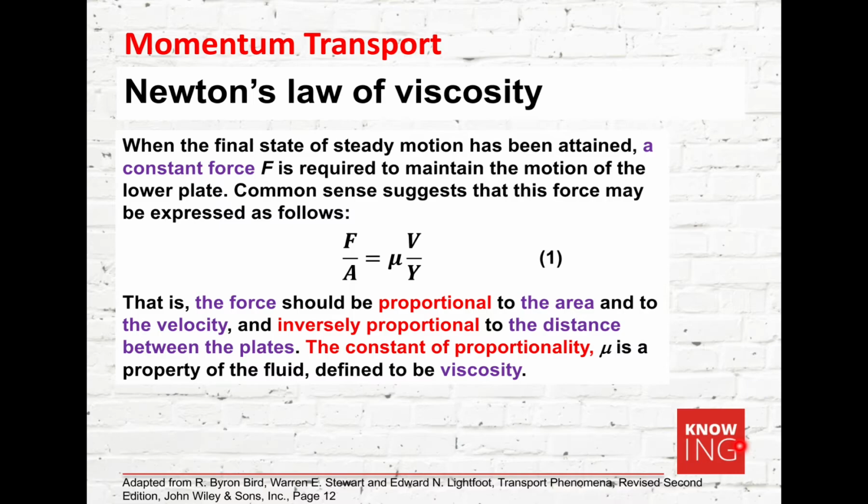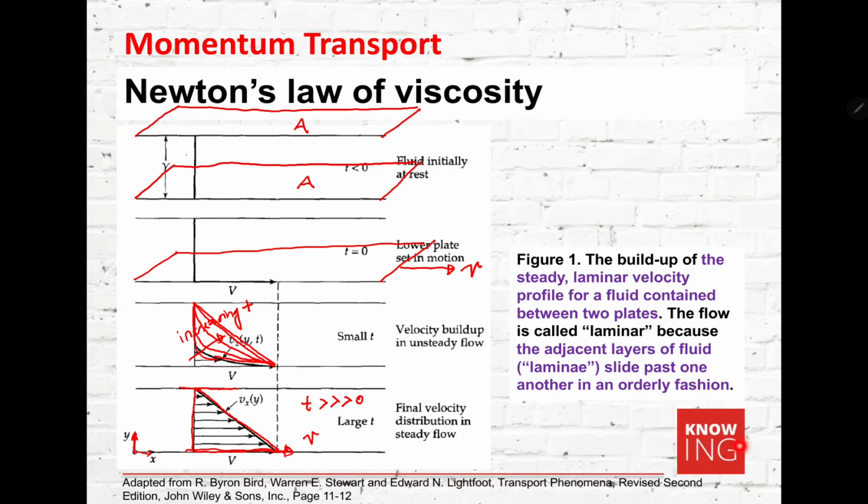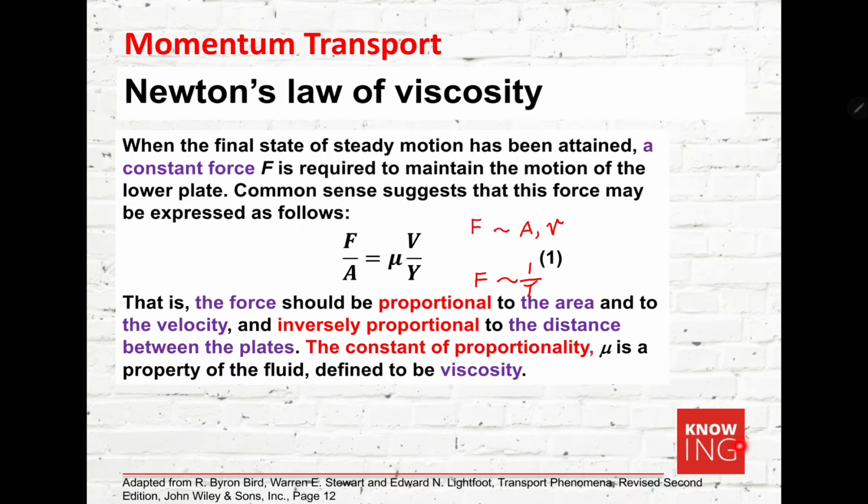For the previous scenario, we can derive the force that is required to maintain the velocity v of the lower plate. By the physical principle, we know that the force should be proportional to the area and also proportional to the velocity, and the velocity should be inversely proportional to the distance between the plates. This is the distance between the plates, which we call y.